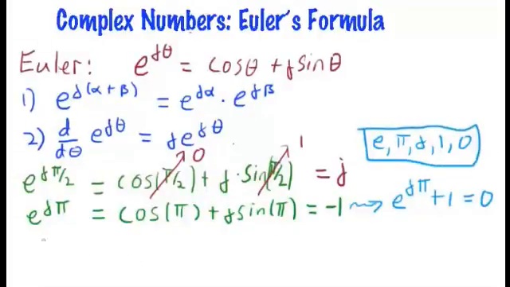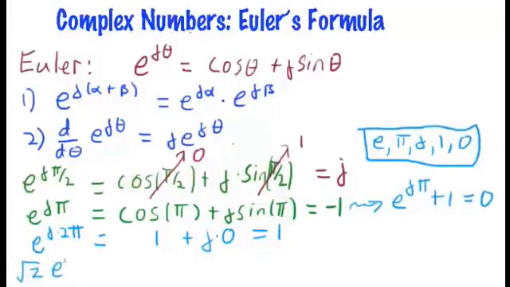All right, let's compute two more of these exponentials. e to the j times 2 pi equals, I won't write down cosine and sine, I'll just do the substitution. Cosine of 2 pi is 1, plus j times sine of 2 pi is 0. So we get 1. Let's do one last one, which is a little more complex. We'll do root 2 times e to the j pi over 4.